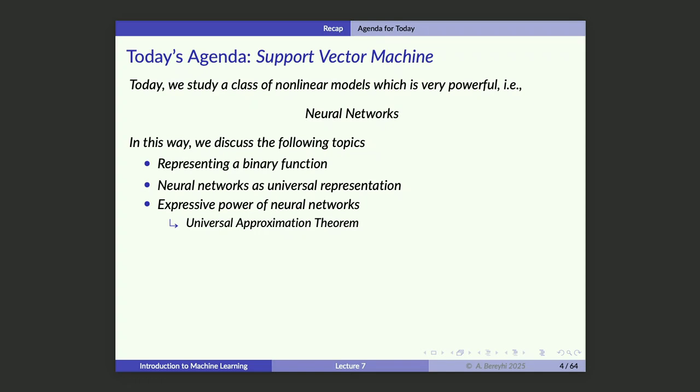We are going to talk about neural networks and get the idea of what they are. And once we understand them, we're going to talk about a few other things. For instance, we are going to see how well we can represent everything with a neural network. Essentially, we're going to see that any binary function we have can be realized by a neural network.